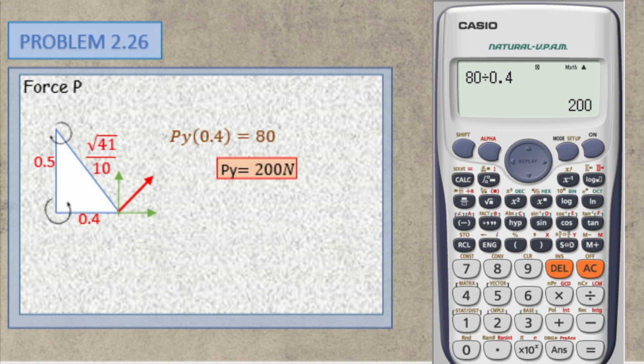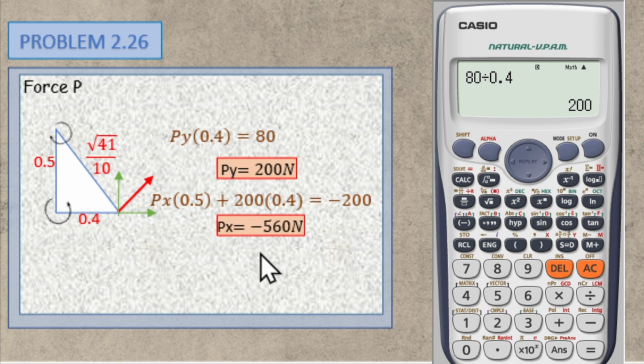And for our Px, we need to take moment at point A. So Px multiplied by its moment arm 0.5, rotating counterclockwise positive, plus 200 times 0.4, which is our Py, equals, since this one is rotating in the clockwise direction, negative 200. So we can solve Px equals negative 560. And for our P, we have negative 560i for x and plus 200j.